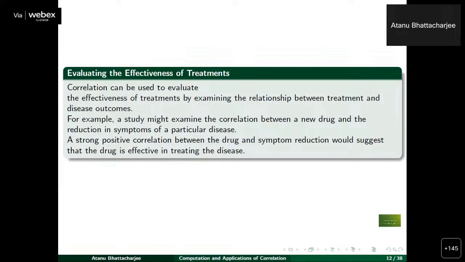So the numerical value of the pain score keeps declining as you increase the drug dose. This is a typical example of a negative correlation coefficient, and that is always expected.